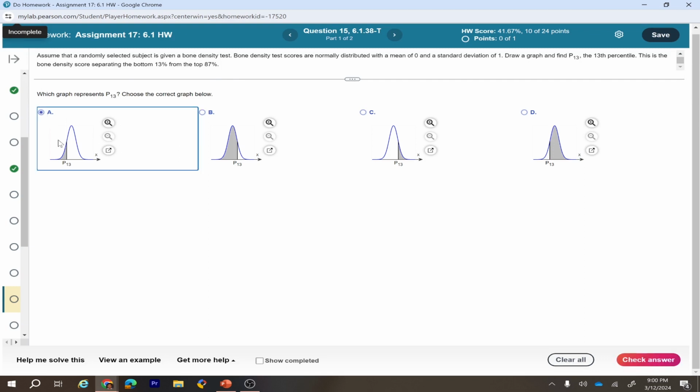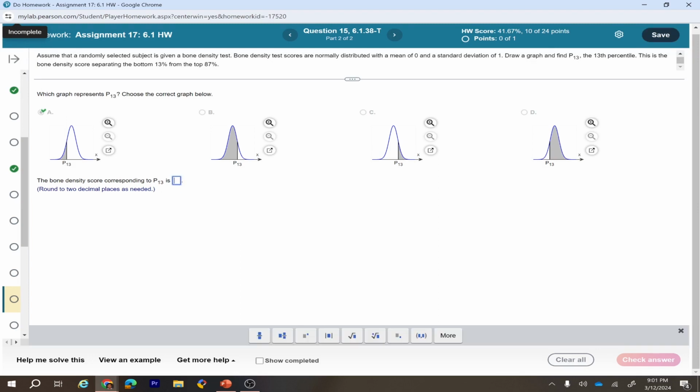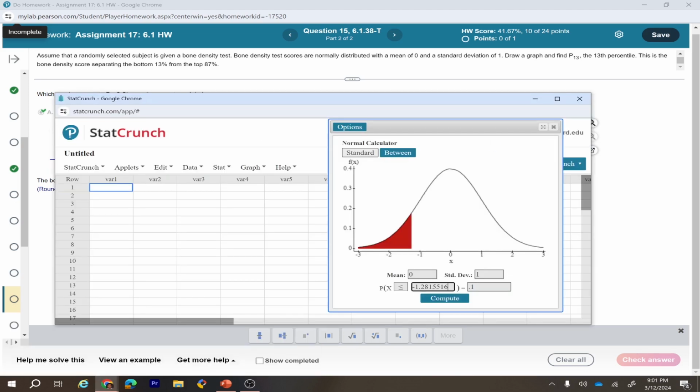So this is the right option. Look here: it's supposed to be to the left side of the center, and that is 13%. Now we know the area under the curve to the left side of this score is 0.13. We need to find the value. We just do the very same thing here.